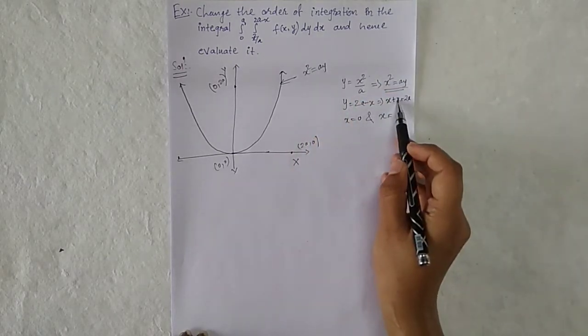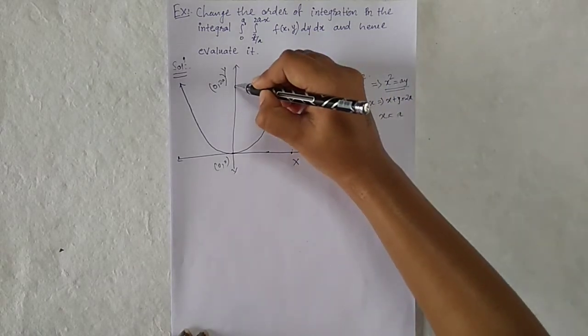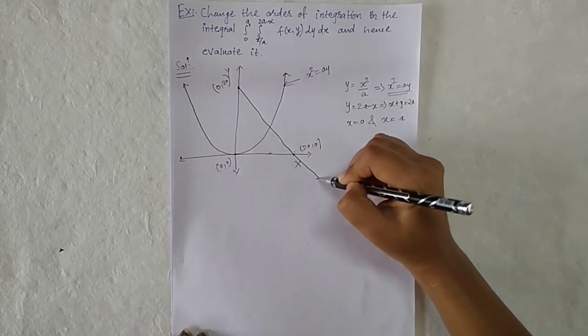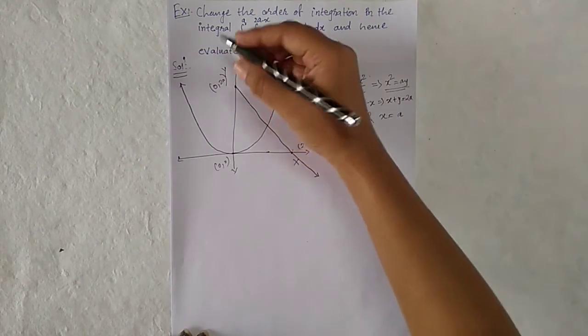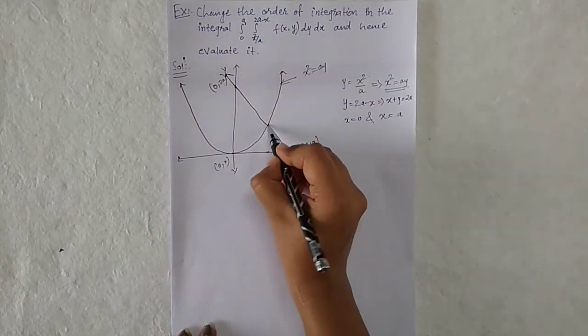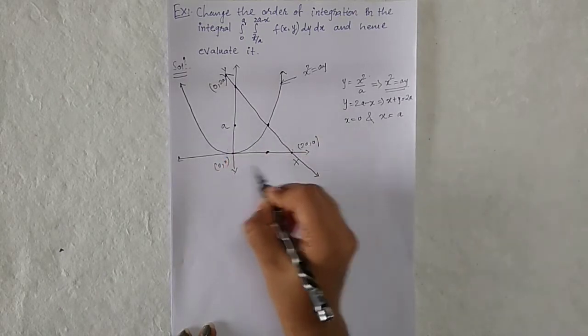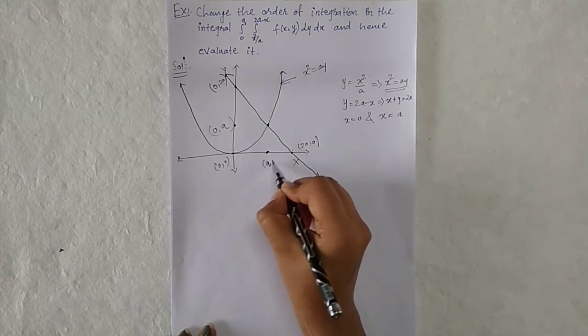Next, x plus y is equal to 2a, suppose here. And this is my point, here suppose a, 0, a and a, 0.